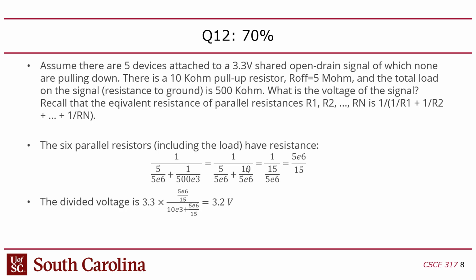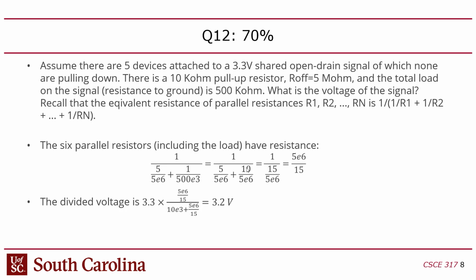So the voltage divider would be 3.3 volts, which is your supply, multiplied by the voltage between the node you're measuring and ground, which is just this, right? And the total resistance, right? Which is this plus the 10K, right?